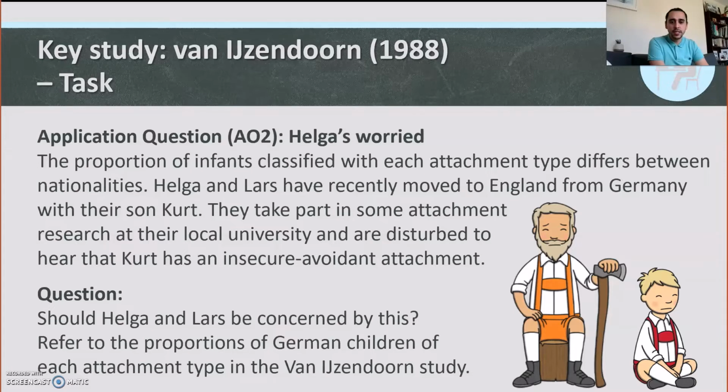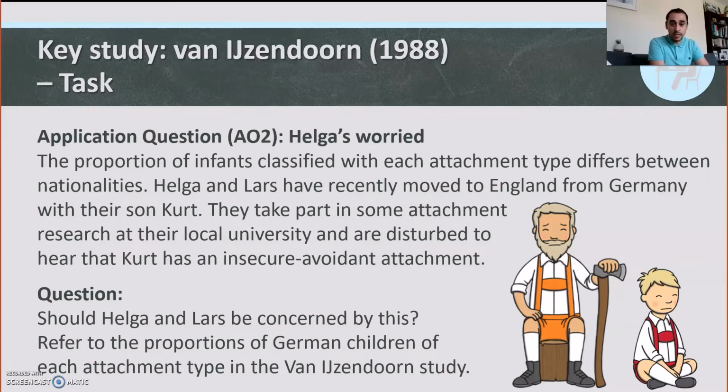Helga and Lars have recently moved to England from Germany with their son Kurt. They take part in some attachment research at their local university and are disturbed to hear that Kurt has an insecure avoidant attachment. Should Helga and Lars be concerned by this? Refer to the proportions of German children of each attachment type in the Van Ijzendoorn study in your answer.